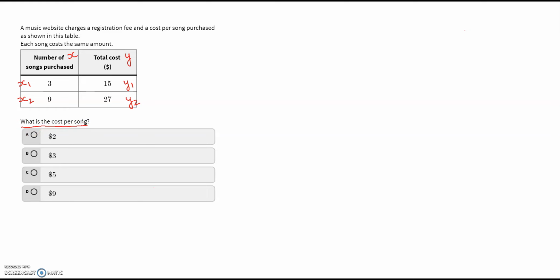We are finding what is the cost per song. In order to find the cost per song, we can use the slope formula, which is lowercase m, Y2 minus Y1 over X2 minus X1. I already labeled these ones.